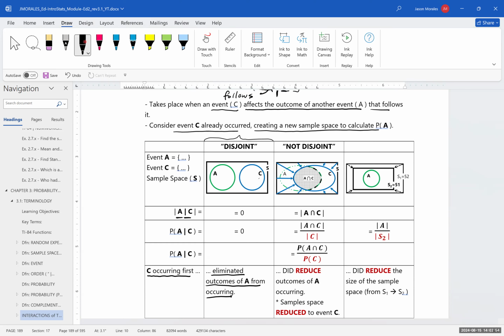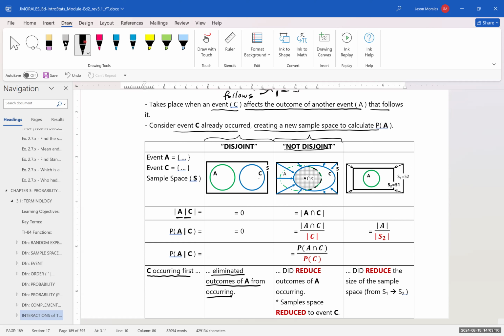All right, so I think this is probably still a little too abstract. Let's move to this second example where event A and event C are not disjoint, meaning they do overlap.